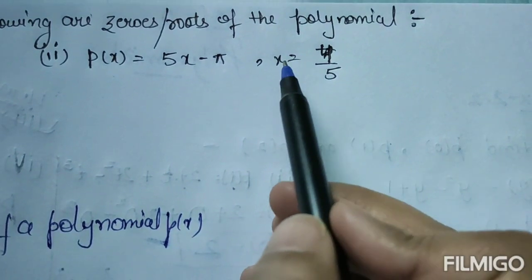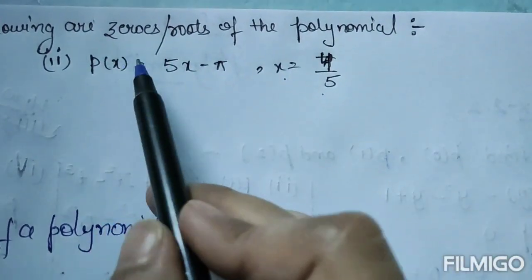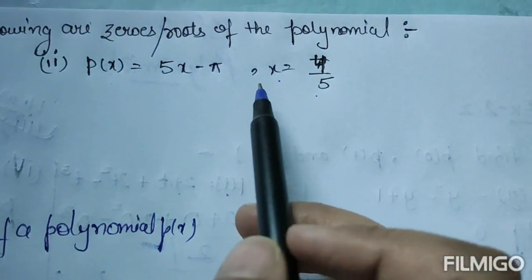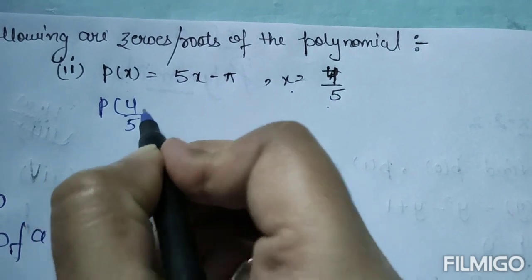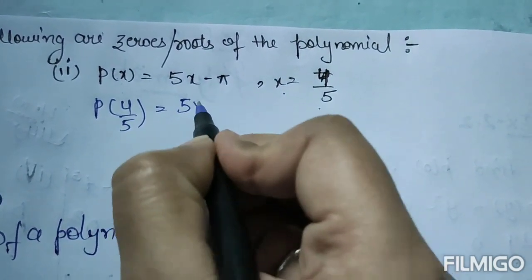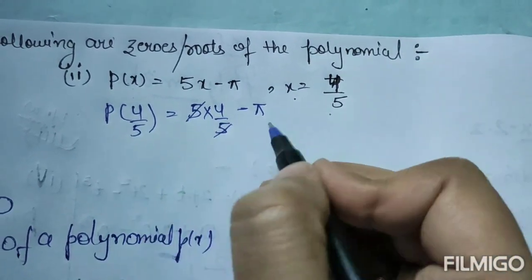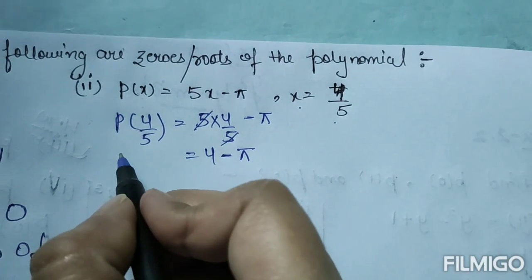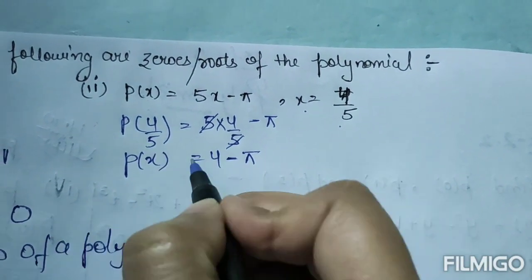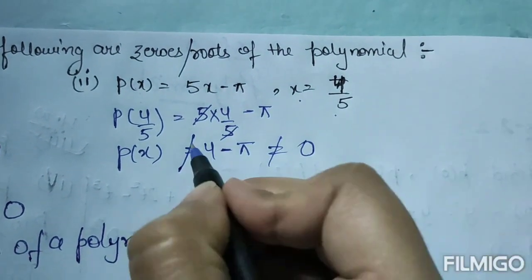Now check whether at x equal to 4 by 5 it is becoming 0 or not. So put x equal to 4 by 5. It will be 5 multiplied by 4 by 5 minus pi. 5 cancels out. It will become 4 minus pi. So check, this is not coming 0.